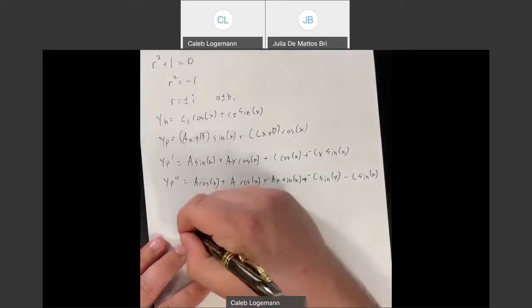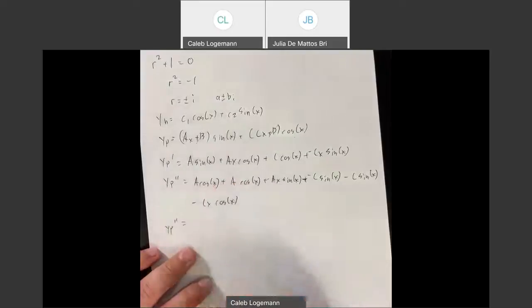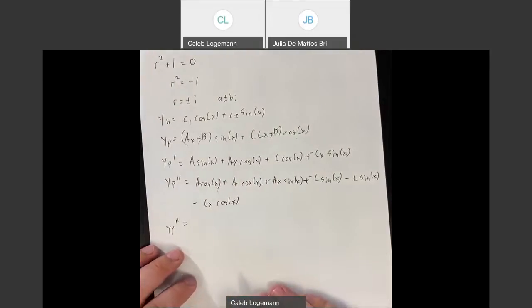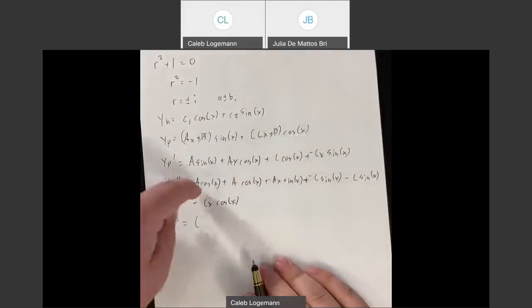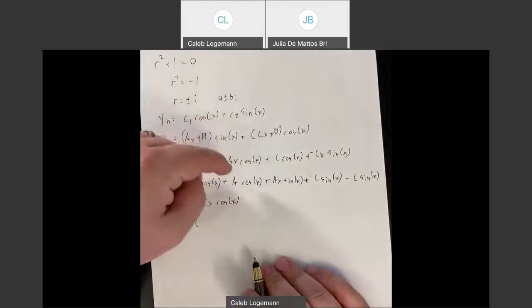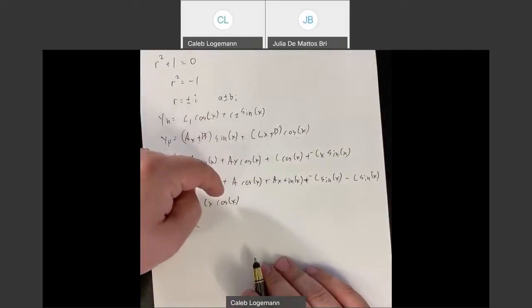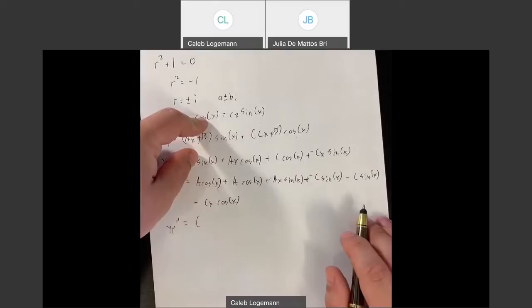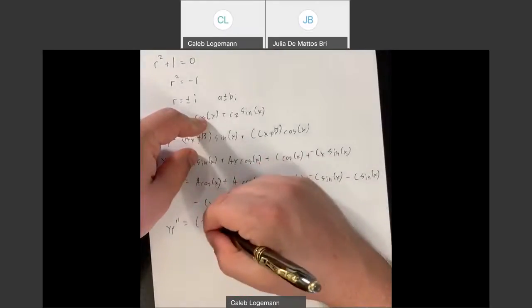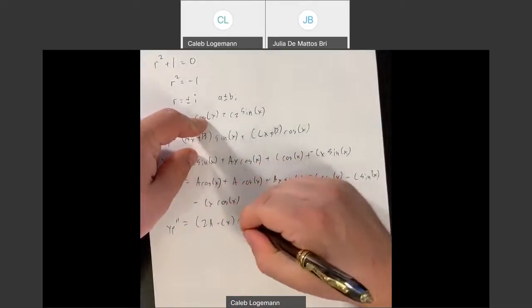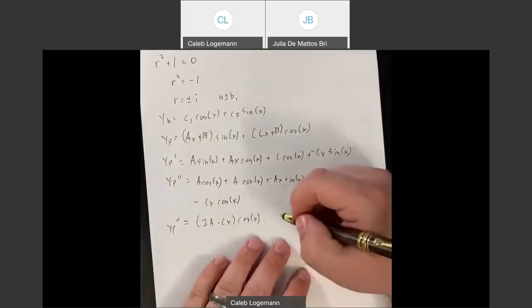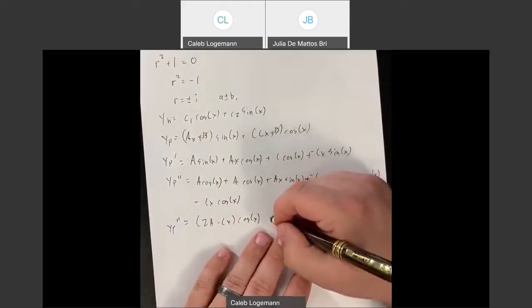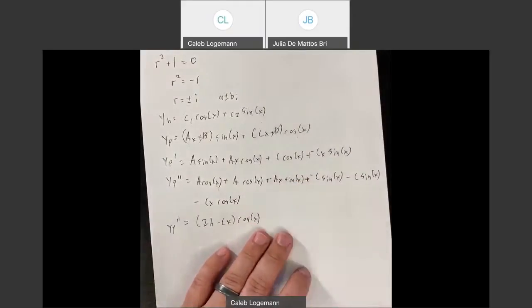Let's combine all the sines and cosines together. For cosine, we have a plus a, so 2a minus cx. We have (2a minus cx) times cosine of x. And then we have the sines.